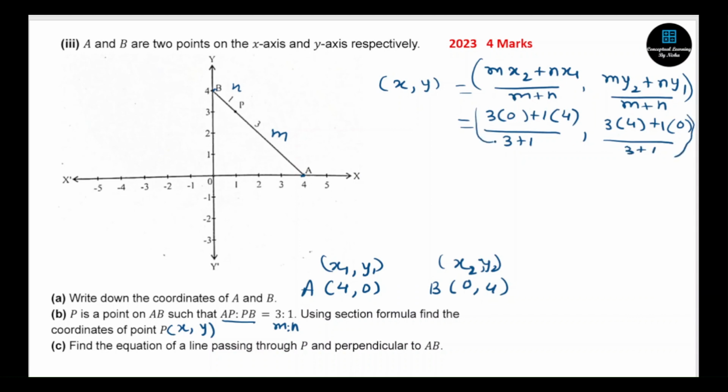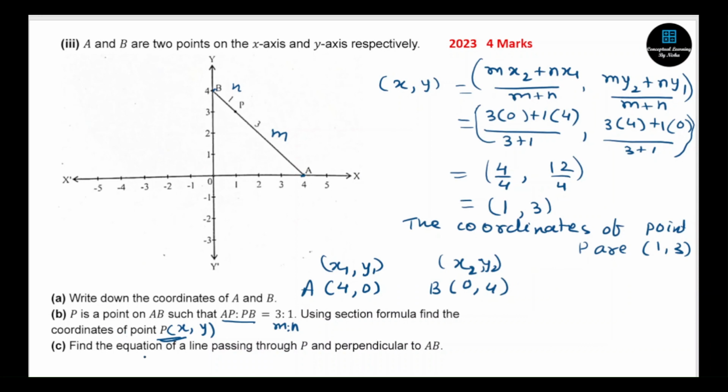And now when you simplify this, it is 4 upon 4, and here it is 12 upon 4. When I simplify this, I'll get the coordinates of P as (1, 3). Alright, so the coordinates of point P we found here.